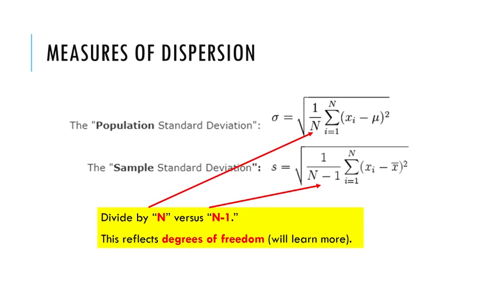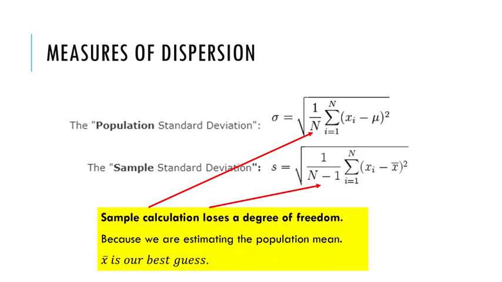Well, the answer is it reflects what we call degrees of freedom. And we're going to talk more about degrees of freedom. But basically, the sample standard deviation calculation loses a degree of freedom. And the reason it loses a degree of freedom is because we are making an estimation. We're making a guess.